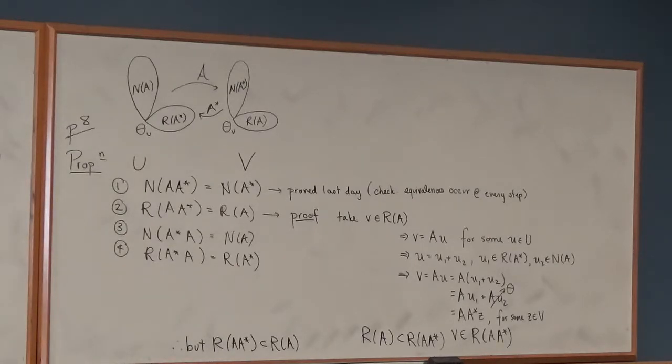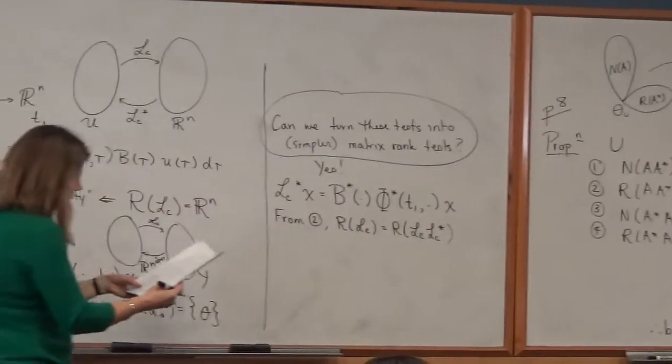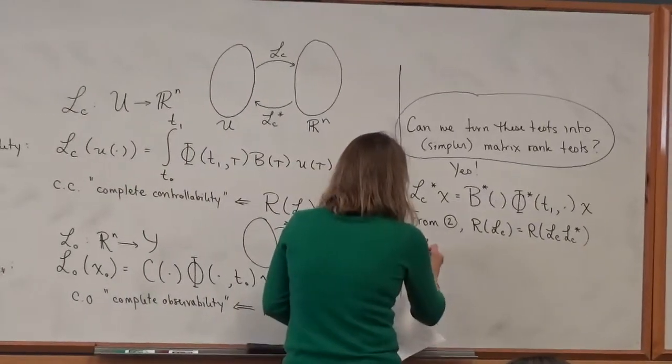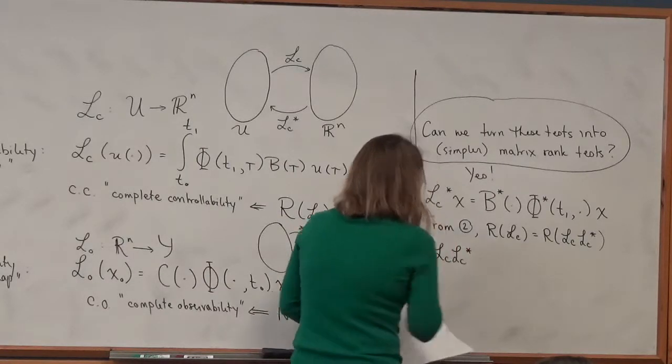Well, why is that interesting to me? Let's actually just write out what the map LC star is. LC is a map from U to Rn. LC star is a map from Rn back to U. So LC LC star, what's that a map from?